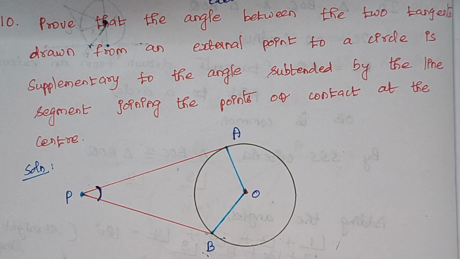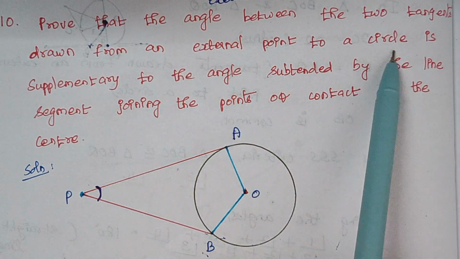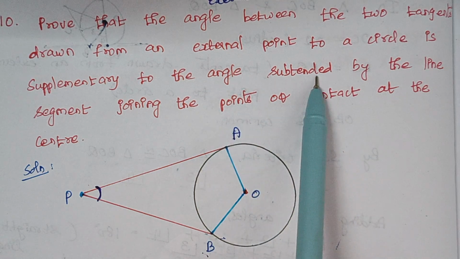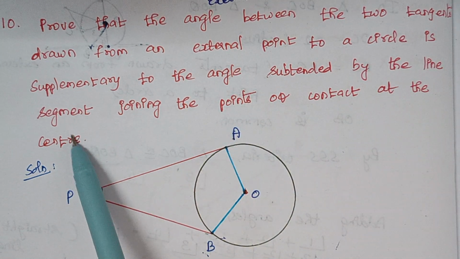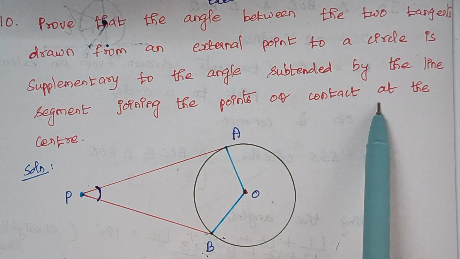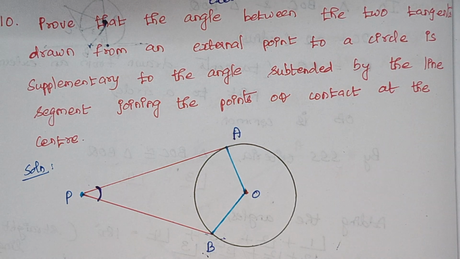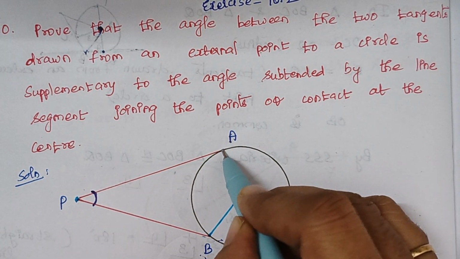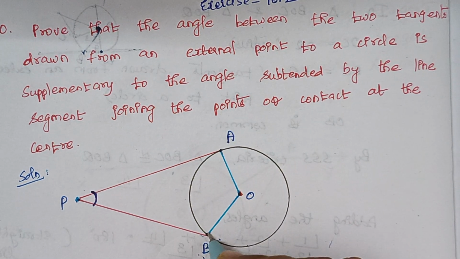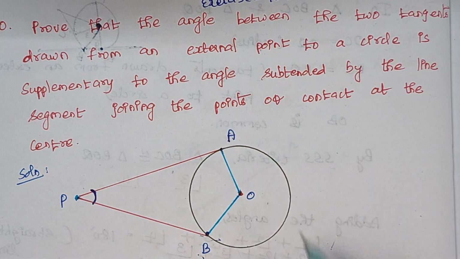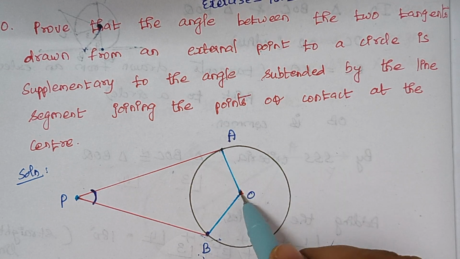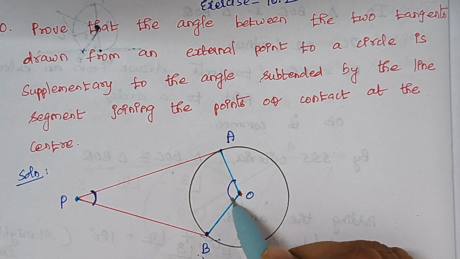This one and to the angle subtended by the line segment joining the points of contact at the center. So this is the point of contact and this is the point of contact. So the line joining the points of contact to the center makes this angle.